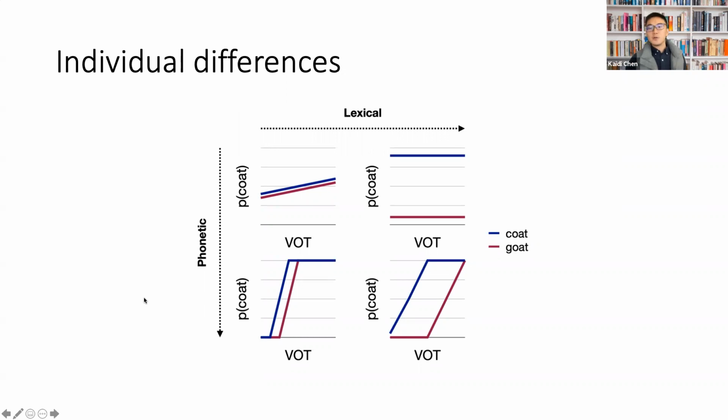It is possible listeners could be weighting both sources of information very strongly, as you can see here, strong phonetic, strong lexical. It also could be possible that listeners are not sensitive to either phonetic or lexical information. As you can see here, following my cursor, they're not sensitive to either information.